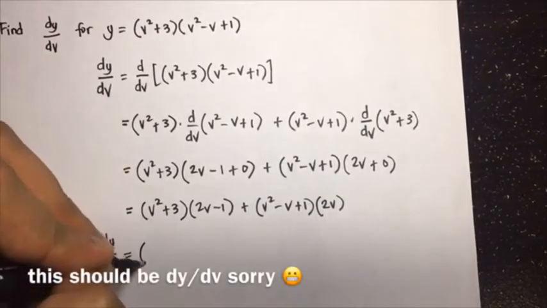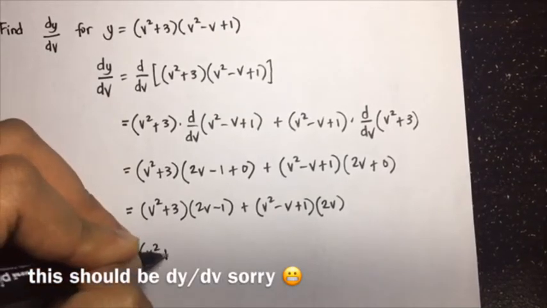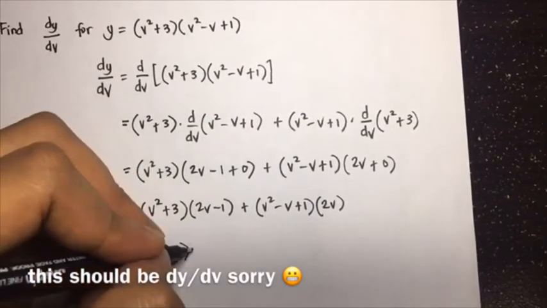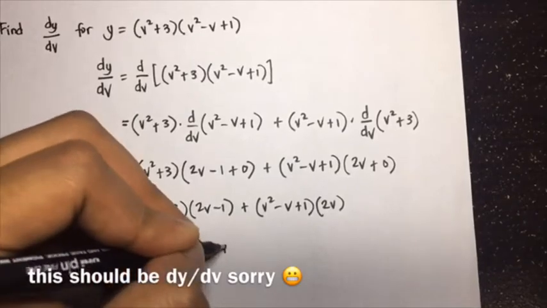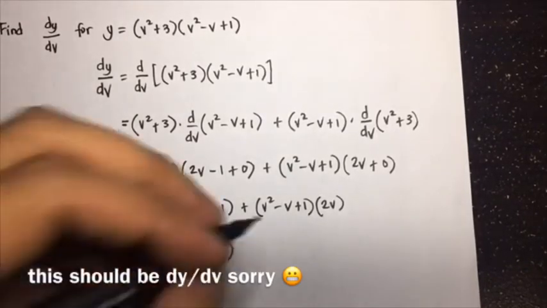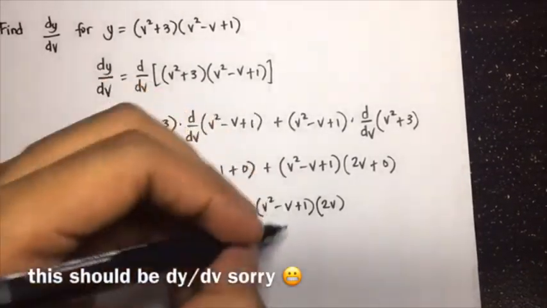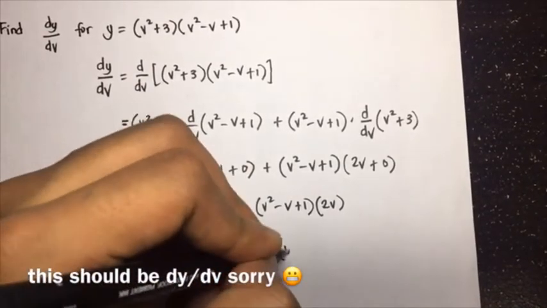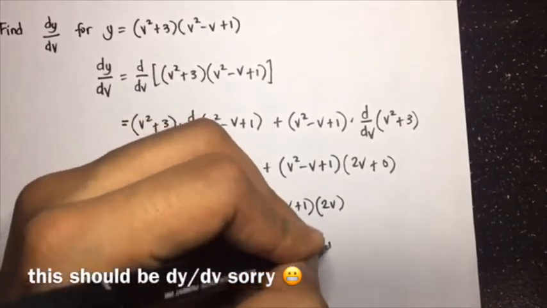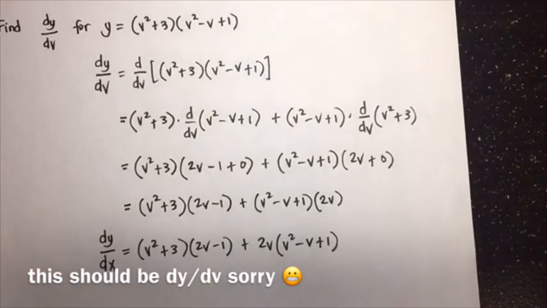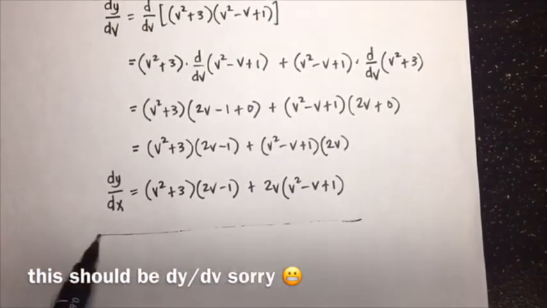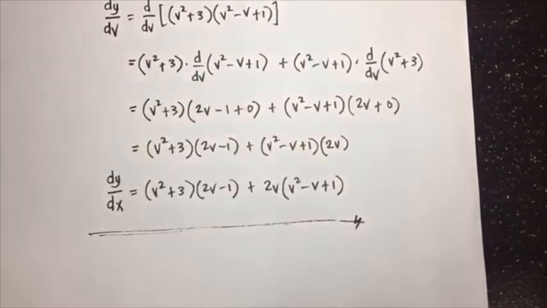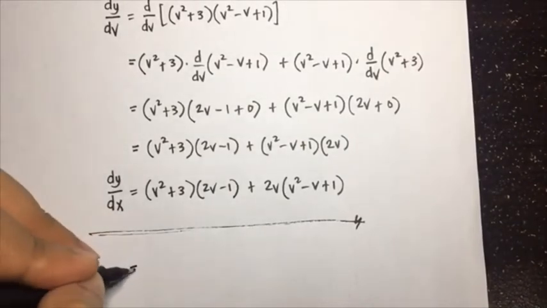But I think the factored form is acceptable. So v squared plus 3 times 2v minus 1 plus, so write this first, 2v times v squared minus v plus 1. Okay, so that answer is already acceptable. Now, but if you want to expand, so let's expand.